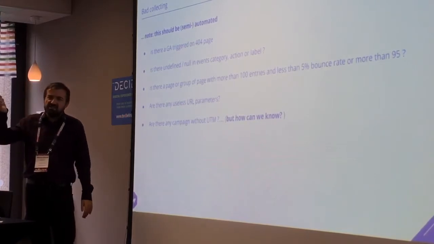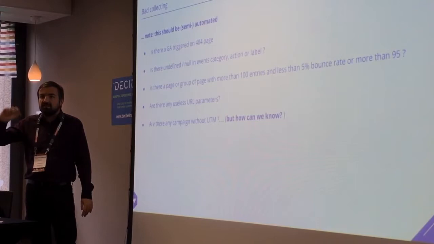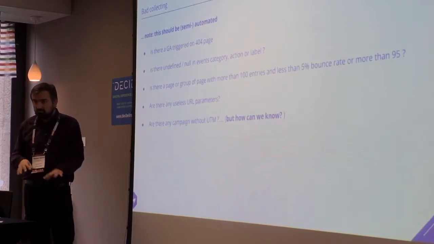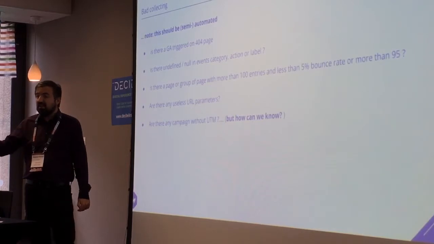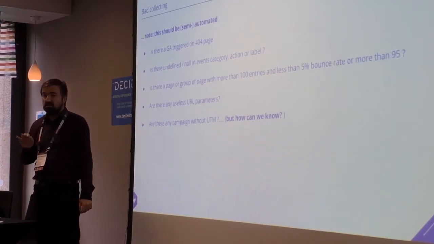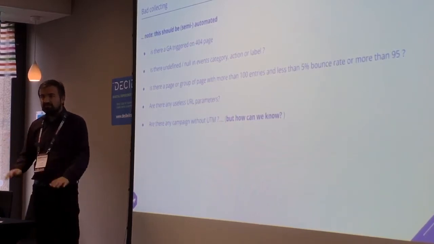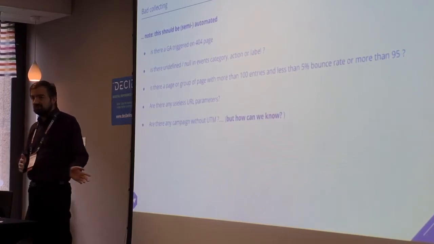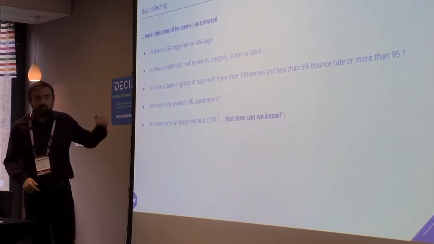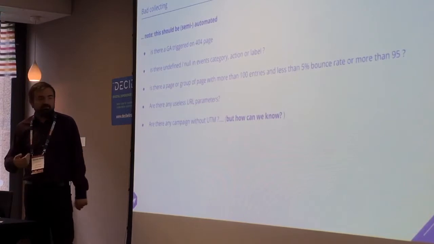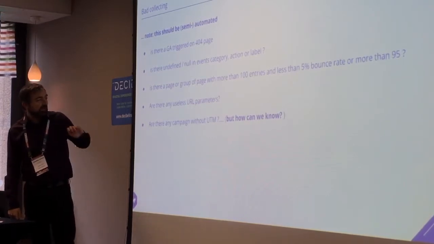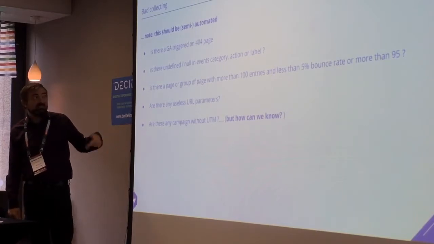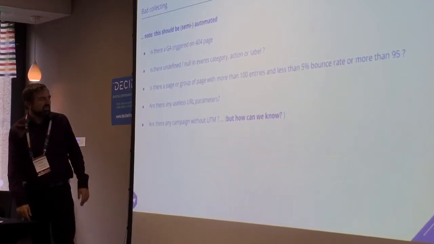Sometimes you have some token ID, or even sometimes you have the email or the name or the phone of a contact form, for example, that is actually in the URL parameter, and it ends up in your report. Bad stuff. So you want to make sure that you have checked all the parameters that can happen in your URL. Hard to check this one, but it would be nice if we could find a way to check that.